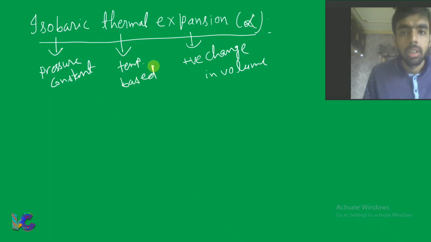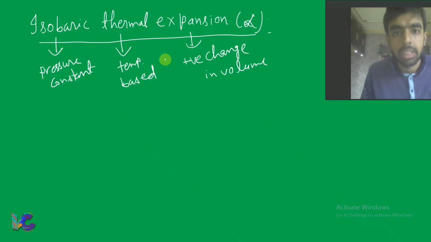That means isobaric means pressure is constant, thermal means temperature based, expansion means positive change in volume. That means what will be the change in volume if I change the temperature at constant pressure? That can be known from alpha.